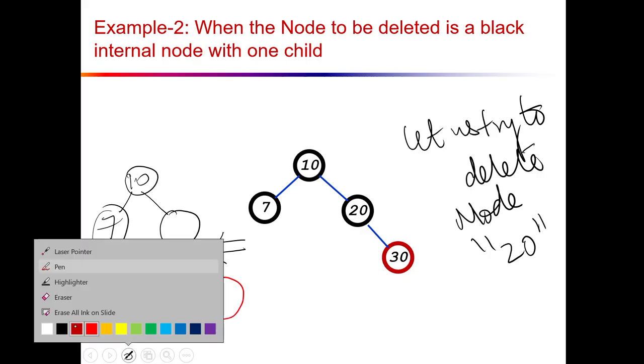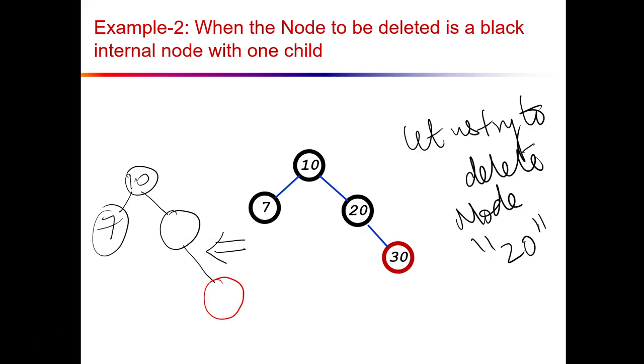So what will happen then? 20 leaves its own house and resides at the leaf position, and 30 leaves its own house and resides at the temporary position over here. So the color does not change.